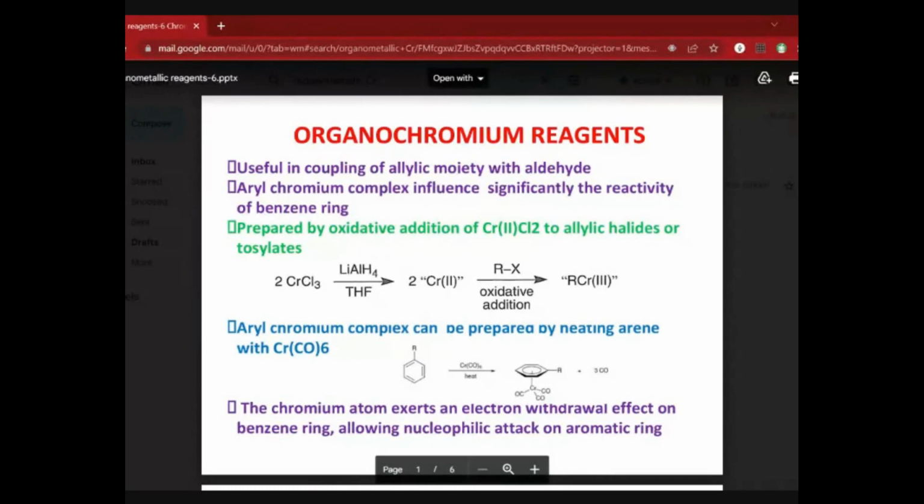Organochromium reagents. They come under organometallic reagents. Can you say this? Hope you have studied this in your PG. So this comes under one kind of organometallic reagents, carbenoids, where you have this particular metal which is very important. You would have studied it in the Dotz reaction.